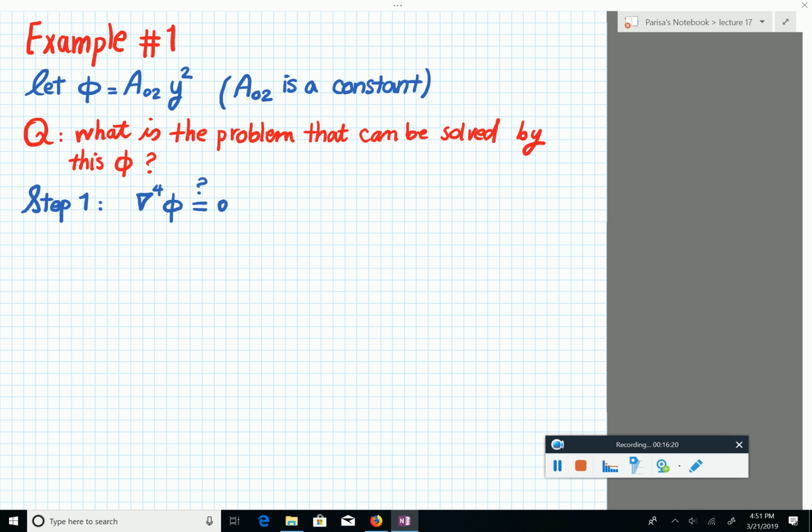Yeah, it will. So the first thing always you will do is to check that. Here is simple, and you answer whether this is the case. Yes for any value of a02.